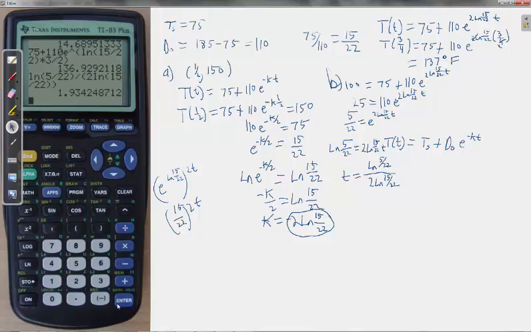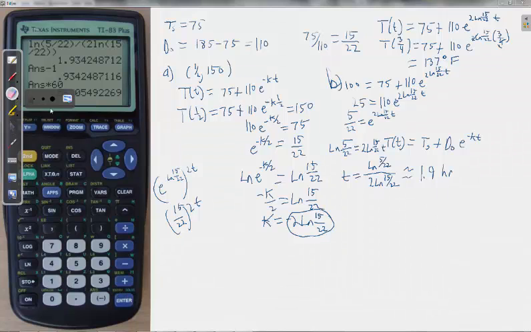So since we're in hours, this is approximately 1.9 hours. Or if you wanted to figure out what that was in minutes, you take off the 1, because we know 1 is 1 hour, and multiply that by 60. So it would be about 1 hour and 56 minutes.